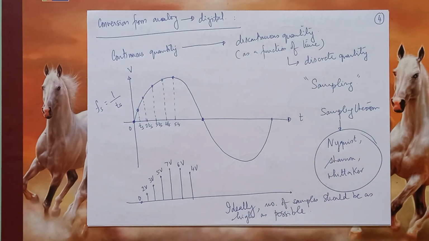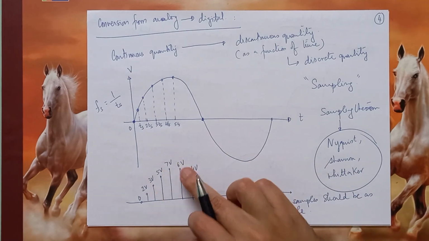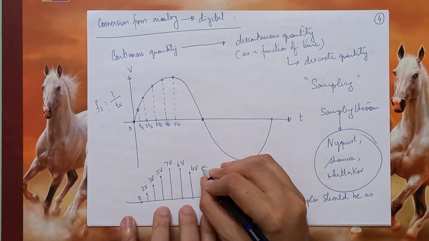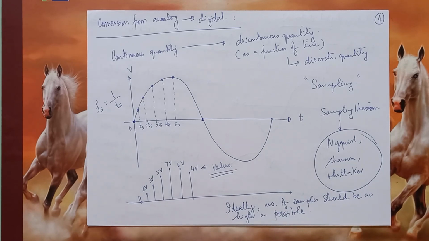Each sample will have its own value. So with this, what we are seeing is that the notion of digital is again coming back. Each sample has a value. Now we have to see whether we can represent these values using digits but in a more uniform manner.